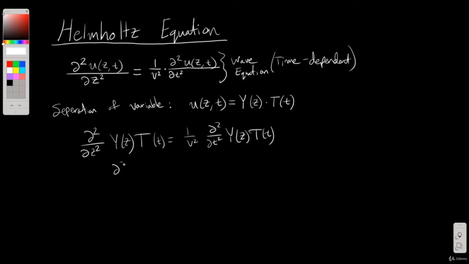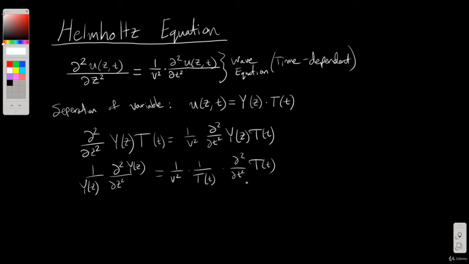And so I'm left with d2 over dz squared of Y of z, and then I have a 1 over Y of z out front, which cancels out with this term here. And this is equal to 1 over v squared of 1 over T of t times d2T over dt squared.